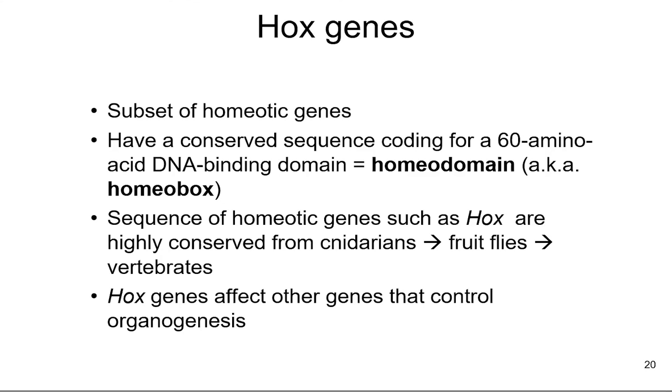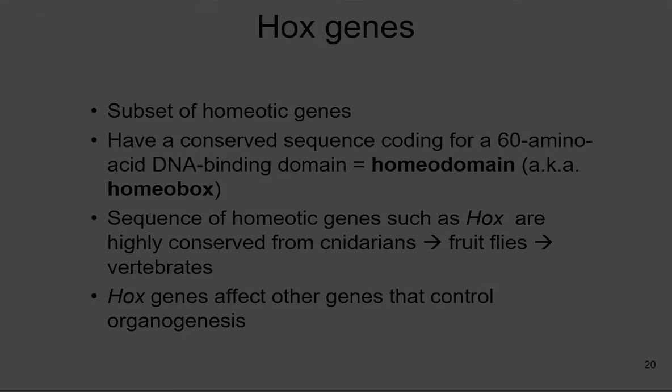They have a conserved sequence coding for a 60 amino acid DNA binding domain, which is called a homeodomain, aka homeobox. The sequence of homeotic genes such as Hox are highly conserved from cnidarians to fruit flies to vertebrates, and Hox genes affect other genes that control organogenesis. And the fact that homeotic genes like this are so conserved suggests that these genes appeared early in animal evolutionary history.